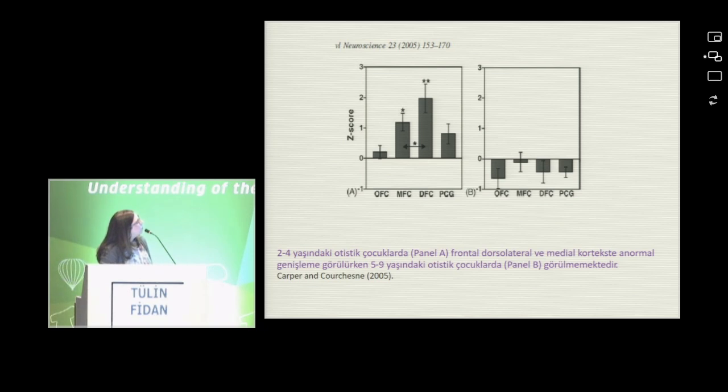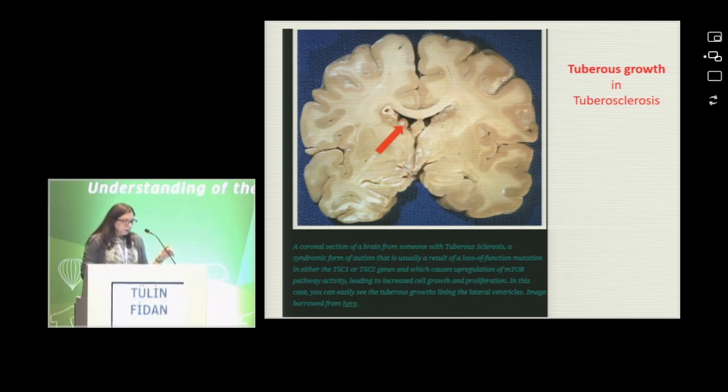On panel A, the medial frontal cortex and the dorsolateral and medial cortex have significant growth, but on panel B you can see that growth stops and turns to a normal pace over time.